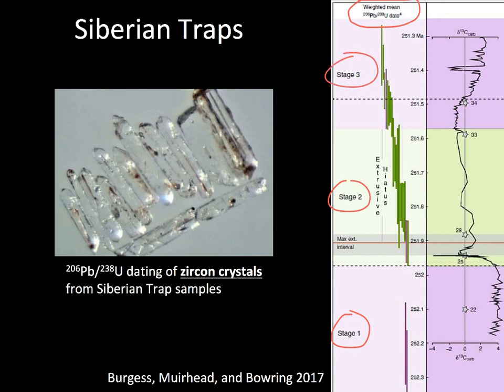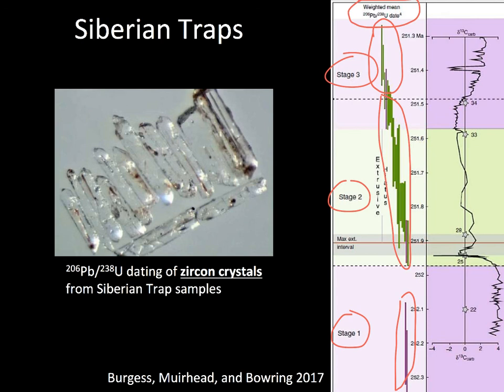And to date these eruptions, what they're using are these zircons, and you can see the age range of some zircons here illustrating stage 1. These are the age ranges of zircon crystals they've used to date stage 2, and then these are the age ranges used to date stage 3. So they've come up with a fairly precise history of the eruption record of the Siberian traps using radiometric dating of zircon crystals present in those rocks.